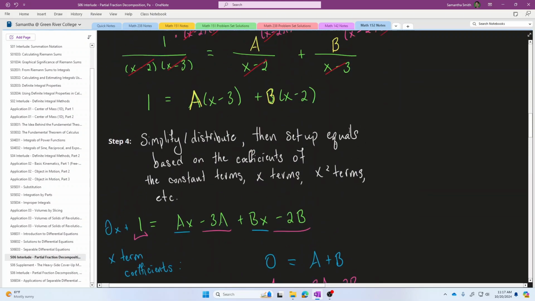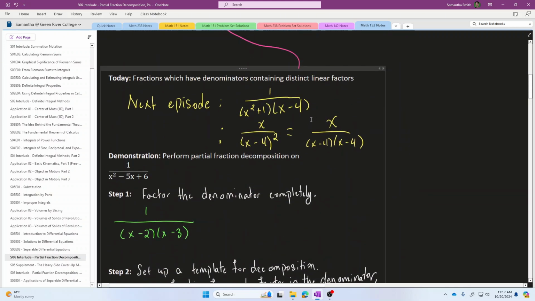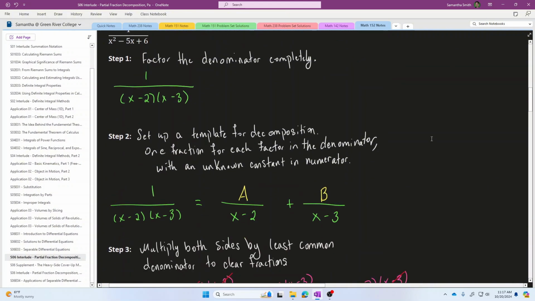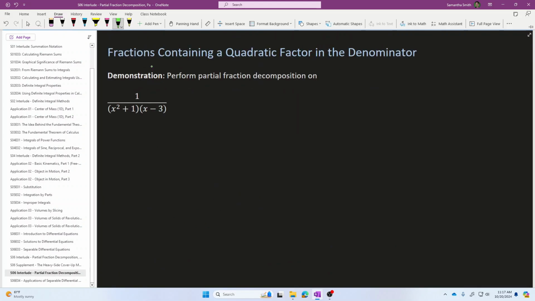The only thing that will really be different in this context as opposed to this context is that in step 2, the template that we set up will be slightly different. So for example, in this exercise, I have 1 over x squared plus 1, and I have x minus 3 in the denominator.